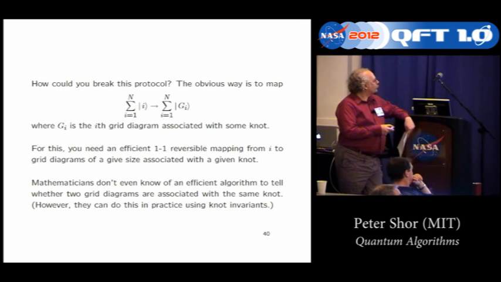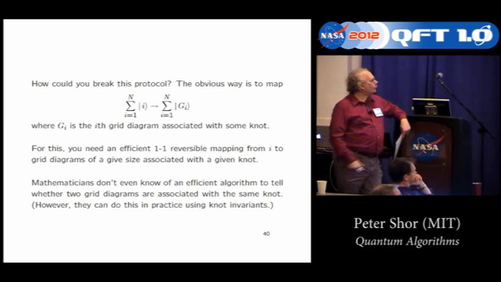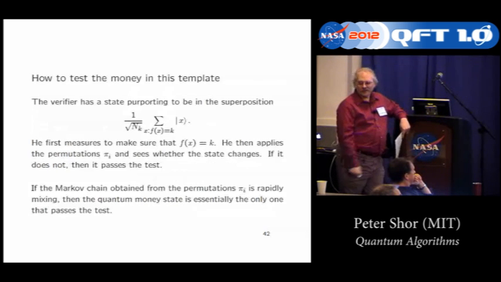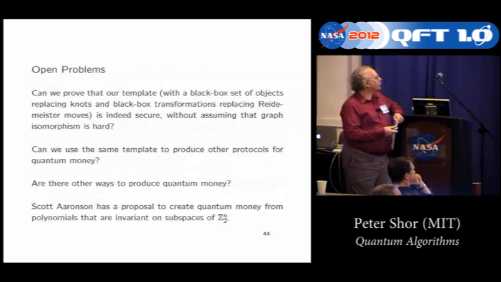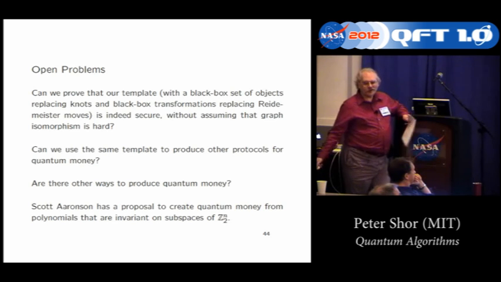They don't know an efficient algorithm to tell whether two grid diagrams are associated with the same knot that always works. They can do this in practice reasonably fast using knot invariants for small knots. But this is a much harder task, and we don't know how to do that.